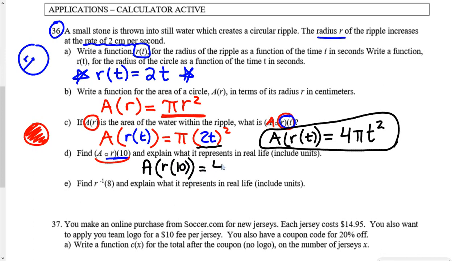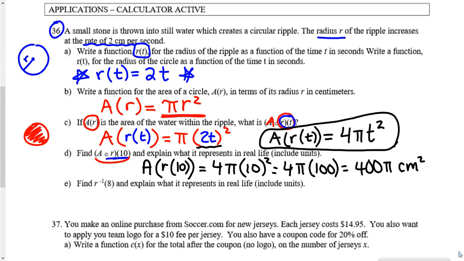And I'm going to plug in, that's 4 pi times 10 squared. So if I square my 10, that gives me 100. So my answer is 400 pi. I want to include units with this. So my area would be in terms of square centimeters.